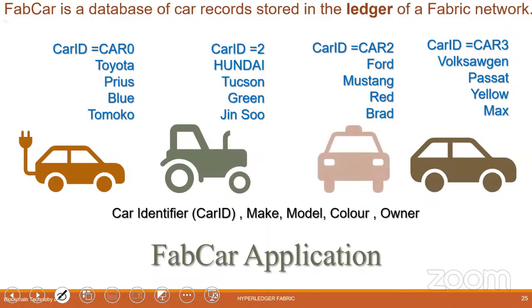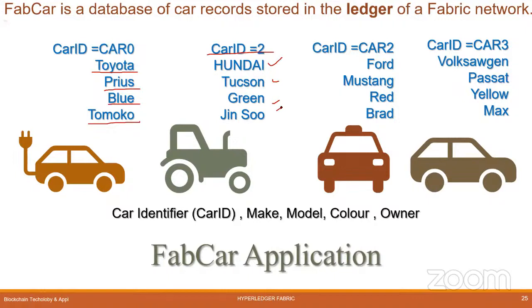So let's consider this FabCar application where we have each car, its make, the model, the color, and who is the owner, right? Similarly, car ID 2, again, make, model, color, and who is the owner, and so on and so forth.